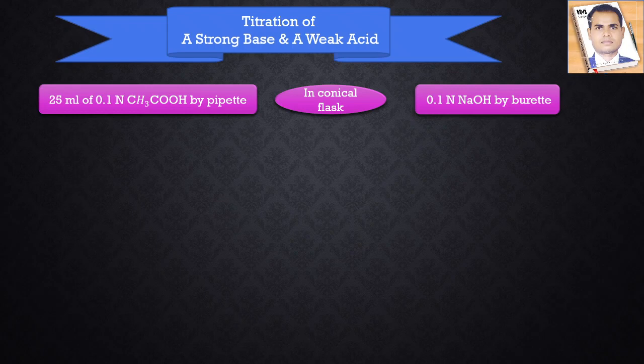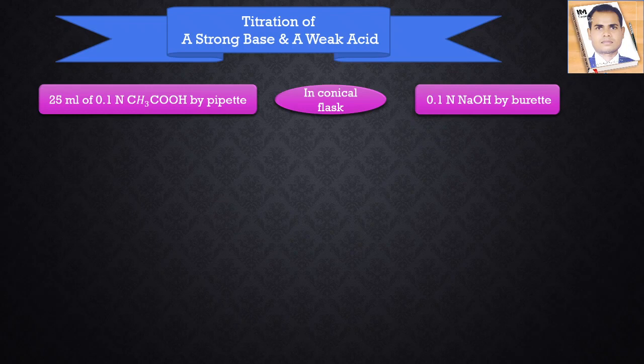Because NaOH dissociates completely, and the acetic acid does not dissociate completely. So NaOH is the strong electrolyte and CH3COOH is the weak electrolyte. In this way we can determine which one is strong and which one is weak.